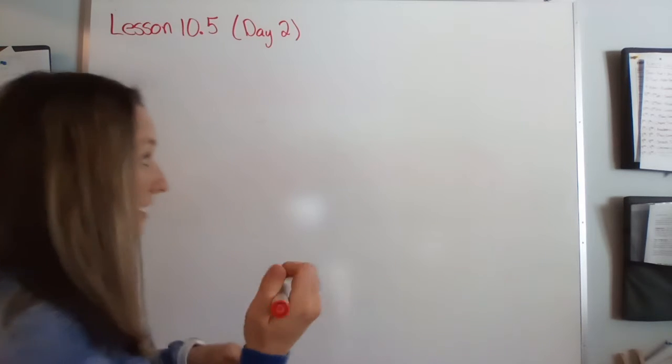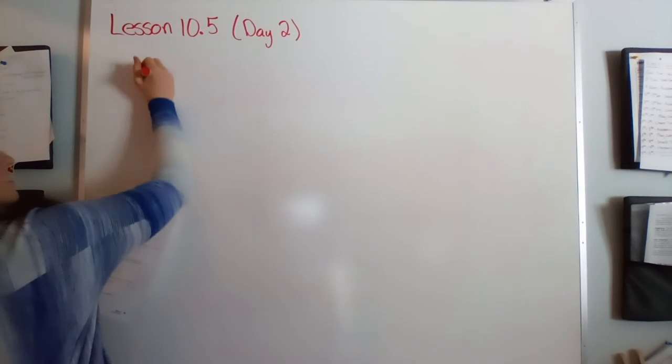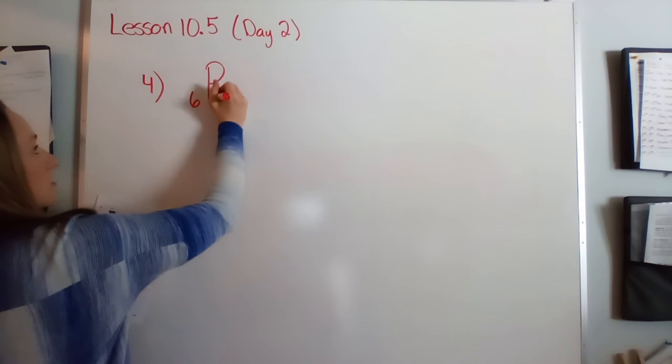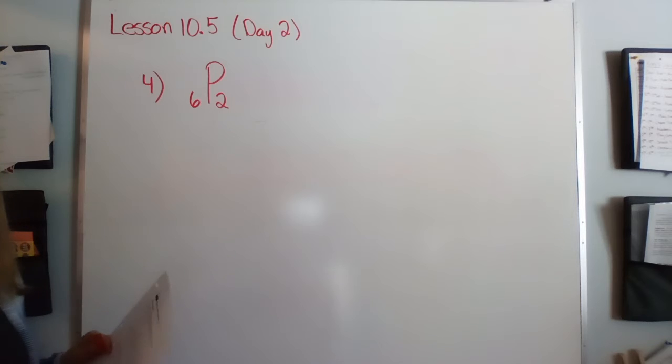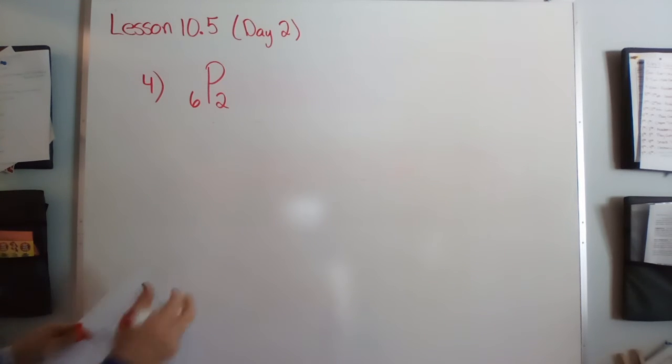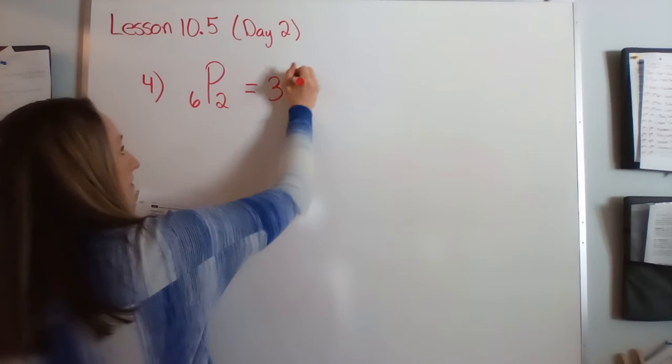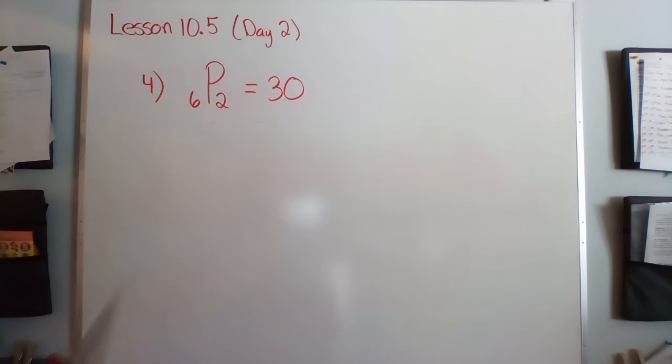Okay, so the easy way of doing this problem, this is number 4. It's a permutation problem with 6 objects. We're choosing 2, taking 2, the first letter and last letter. Using your calculator, you're going to find that gives you a total of 30 different arrangements.